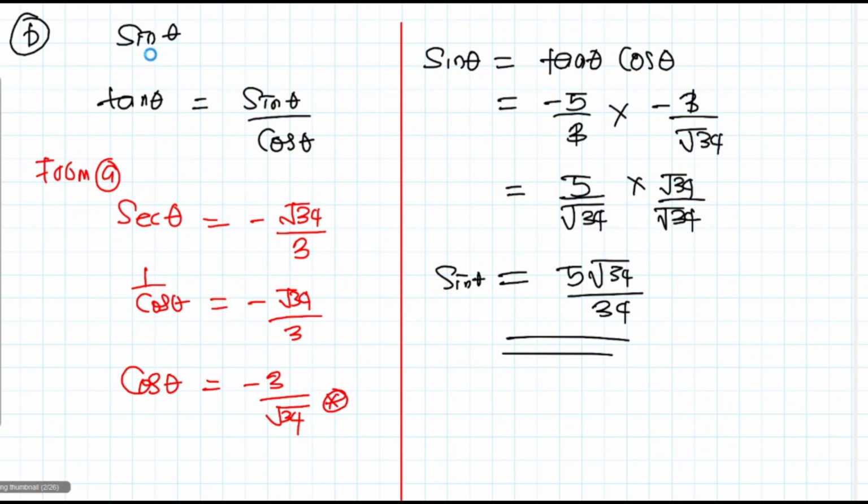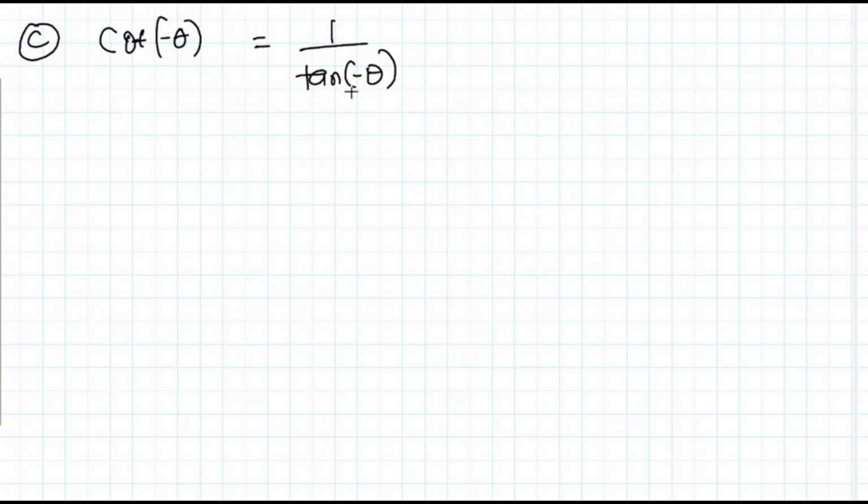Alright, let's see the answer here. C, cot of minus theta. Cot of minus theta is the same thing as 1 over tan of minus theta. Tan is an odd function. Let me give you that tip.